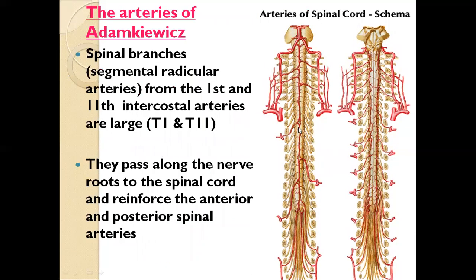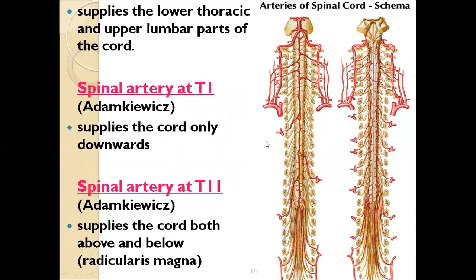Now, the artery of Adamkiewicz, the spinal branches, segmental radicular arteries from 1st and 11th intercostal arteries, they are quite large in size. That means at the level of T1 and T11. They pass along the nerve roots of spinal cord and they strengthen the anterior and posterior spinal arteries. Okay. Overall blood supply of spinal cord can come as a separate question, so that I have given an elaborated explanation.